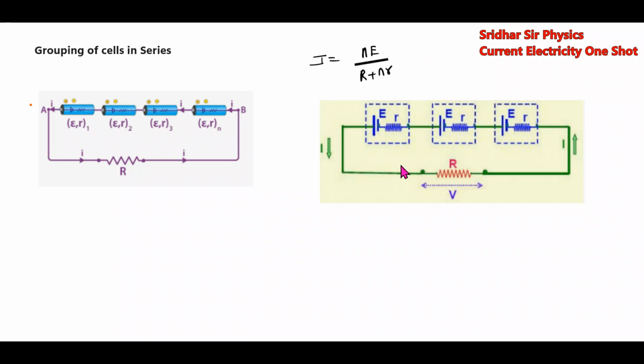This is the expression for this current I. Then the drop, V equal to IR. This external resistance you have calculated, this drop is equal to IR. So this will become nER by R plus nr. This is the drop across the resistor.